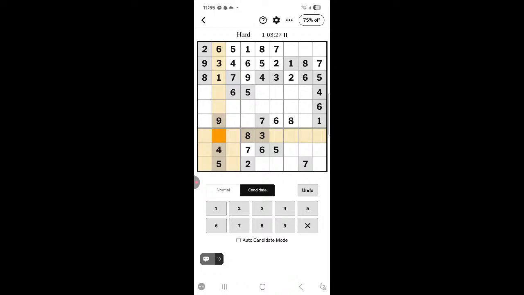So if you said, for example, well, you can pretend that the numbers are in the places and then you could just erase all of those conditions because they're just candidates. I don't know. I don't like it. Not my way of doing things.